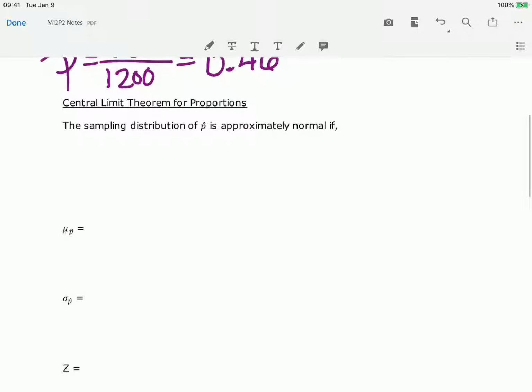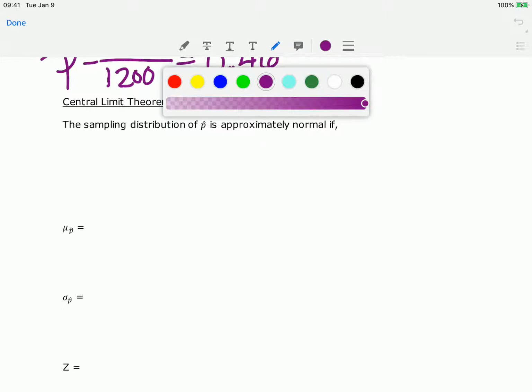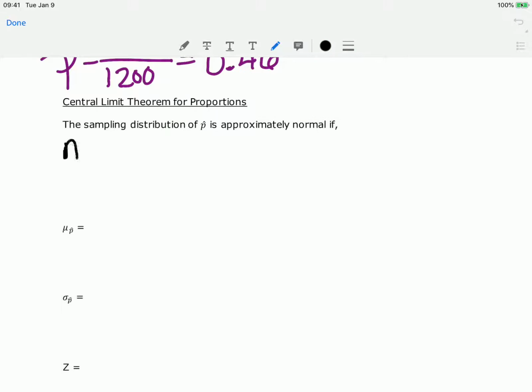In this case, the sampling distribution of p hat, the distribution that we create by taking all of these samples and finding the proportion of each one, is approximately normal if n times p is greater than or equal to 10 and n times 1 minus p is greater than or equal to 10.